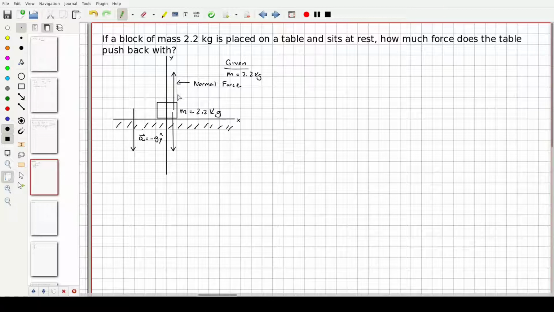So the normal force is typically written as N with a vector, just like gravity is usually written as F sub g. Now, in this problem, I'm going to introduce you to a new tool. This is called a free body diagram or a force diagram.